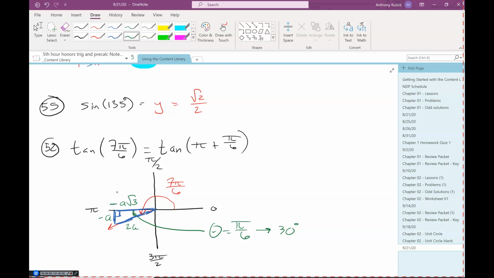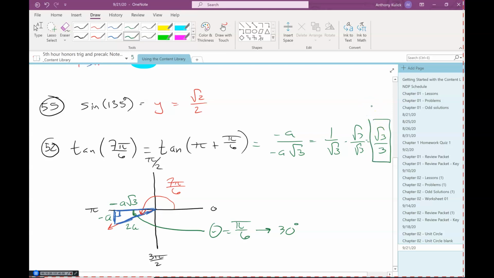And now I can just use that blue triangle and my right triangle definition for tangent to do opposite over adjacent. So that reduces down to 1 over root 3. And when I rationalize my denominators, I have root 3 over 3. Is that okay?